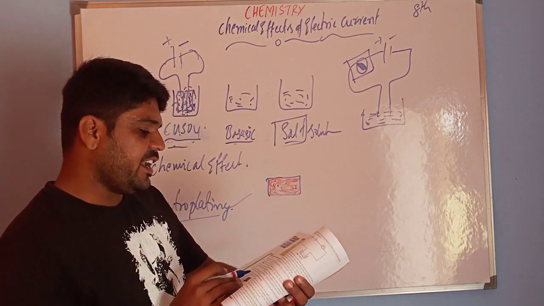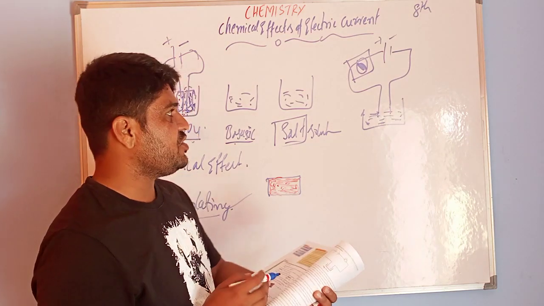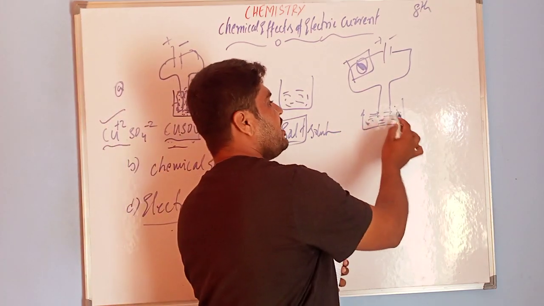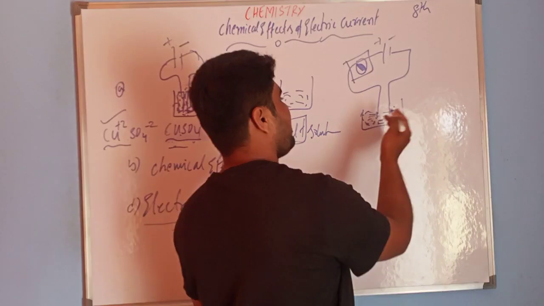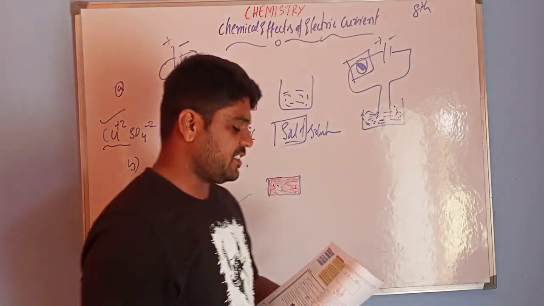That is the reason. When the free ends of the tester are dipped into a solution, this solution conducts electricity. This solution contains some ions, and those ions are responsible for conduction of electricity.